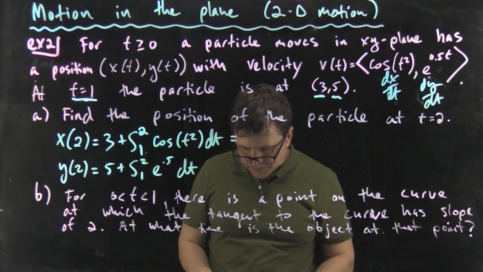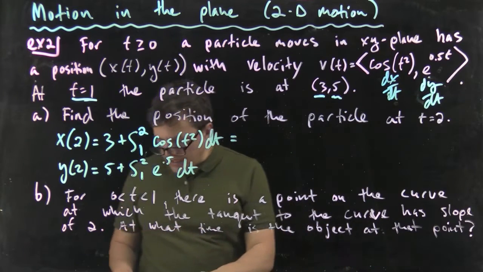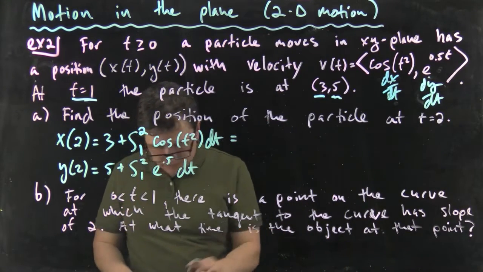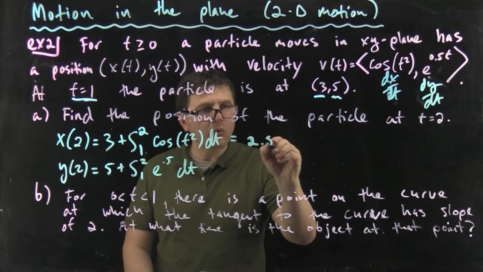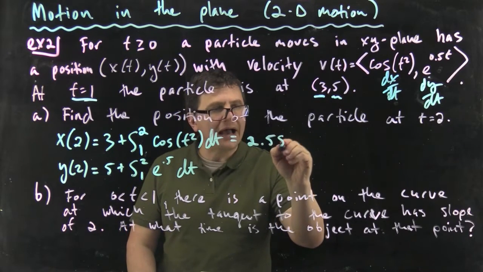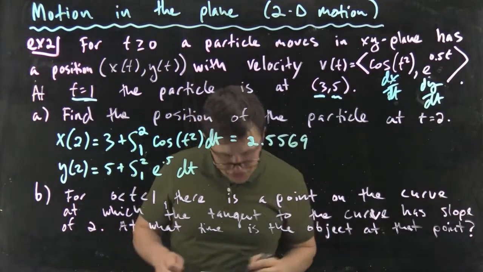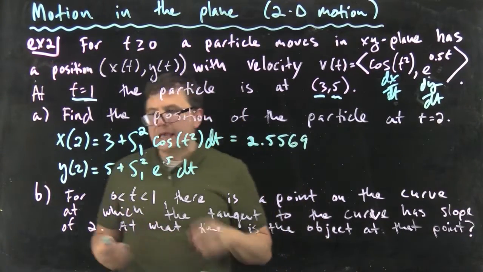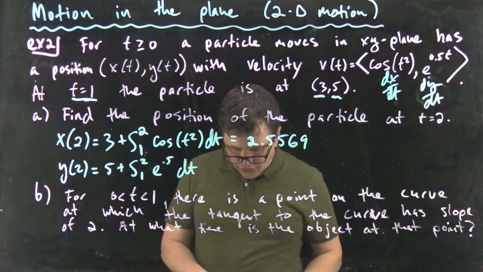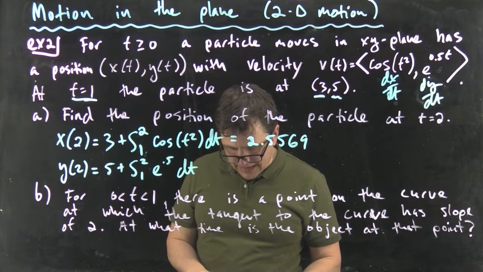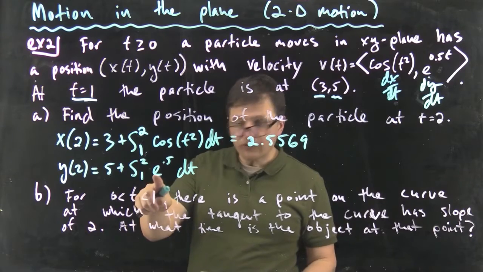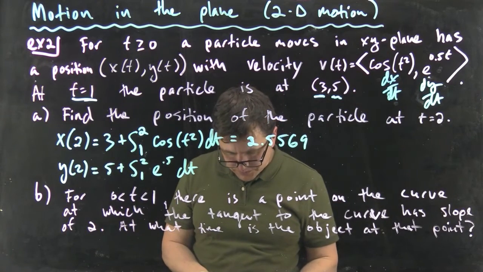And what I'm getting here is 2.5569, and I'm just truncating to 4 decimal places. Then let's do the other one. Start with the 5, math 9, 1 to 2, and once again I have this as my y sub 2.